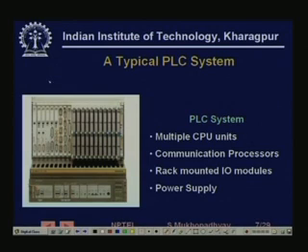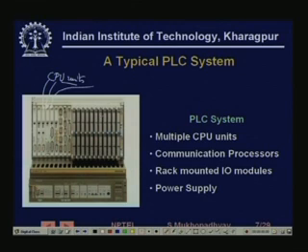Actually, if you look at them, these are the various CPU units. Okay. So, these are the CPU units. Some of them could be communication processors or other coprocessors. One of them will be the main processor.